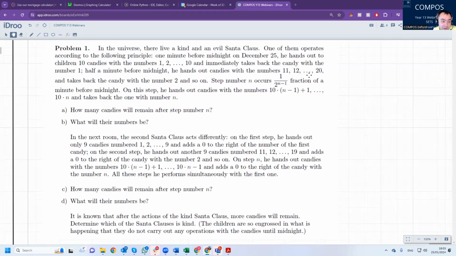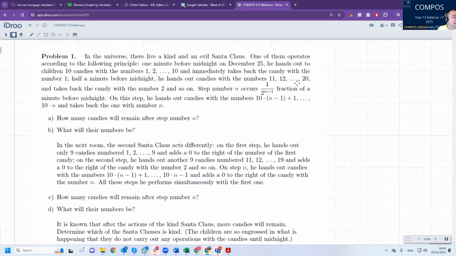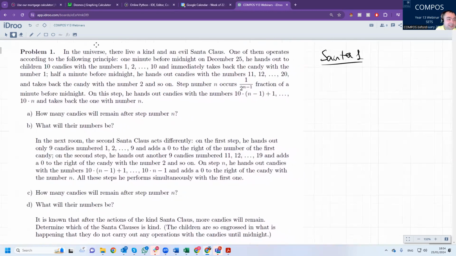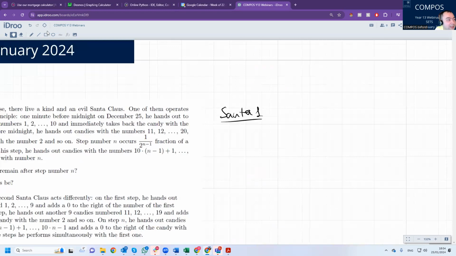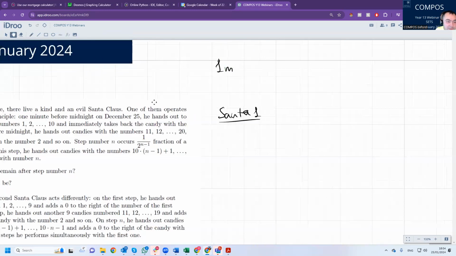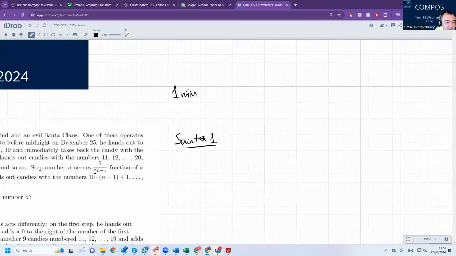Santa number one, and we don't know who's evil or not, is giving out candy to children at 1 minute before midnight on Christmas Eve. That's n equals 1.